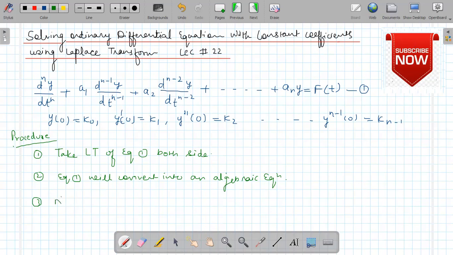So now, by taking inverse Laplace transform, the required solution is obtained.